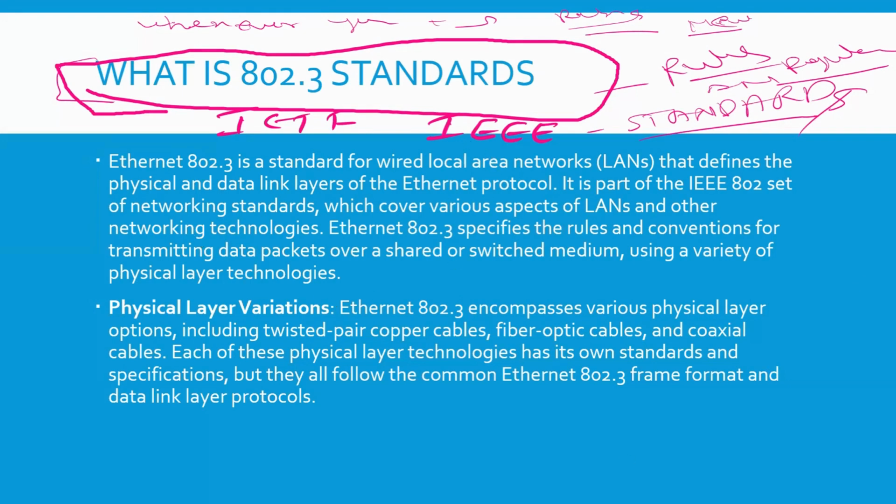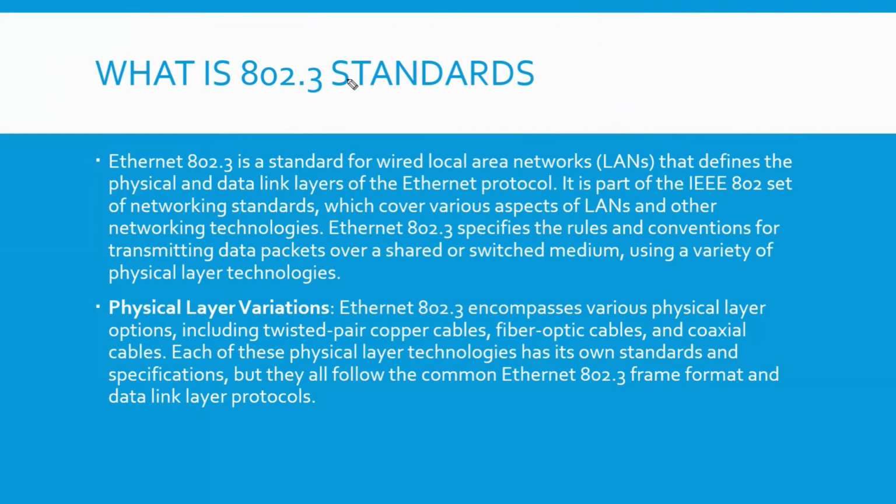And the 802.3 standard is the mainstream for physical connections and the data link layer, which is layer number 2. Hopefully everybody is aware of the data link layer. We explained it in the last couple of chapters where I was talking about how switches and hubs work.